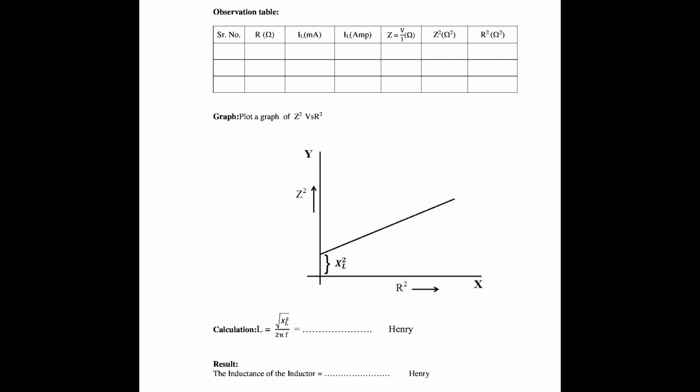That value is called XL, which is called the inductive reactance. From this value, you can calculate the value of inductance using this formula: L is equal to square root of XL square upon 2 pi F.